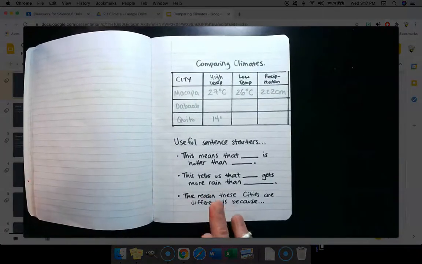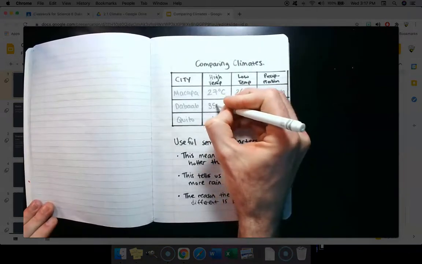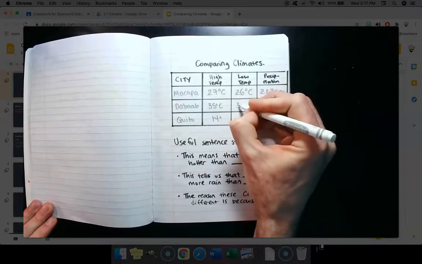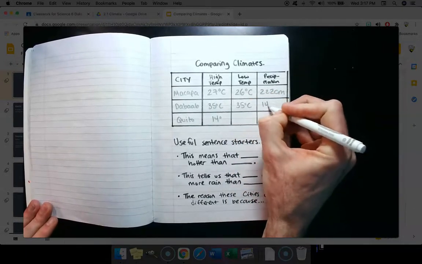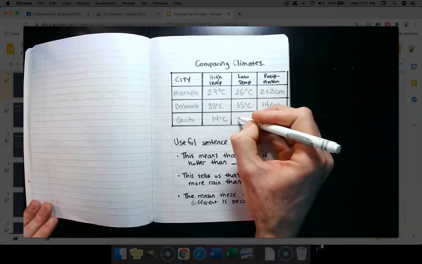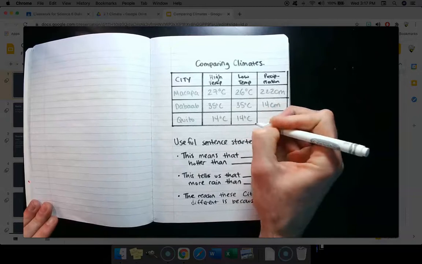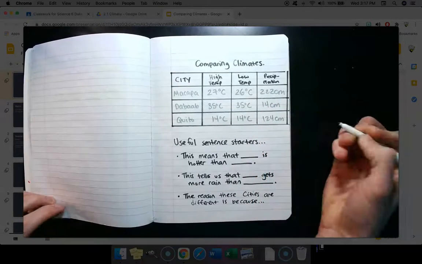By looking at the climographs, I was able to determine that Dabab has a high temperature of 35 degrees Celsius, which is the same as its low temperature, but only gets 14 centimeters of rain, while Quito has a high and low temperature of 14 degrees Celsius, but gets 124 centimeters of rain.